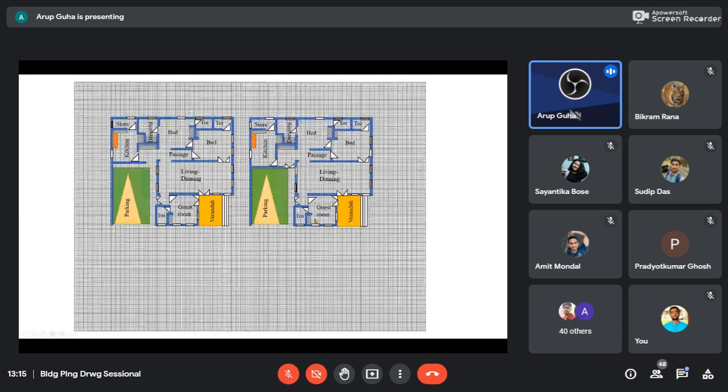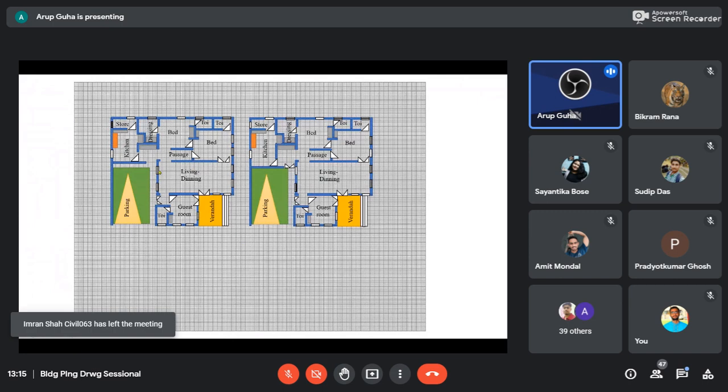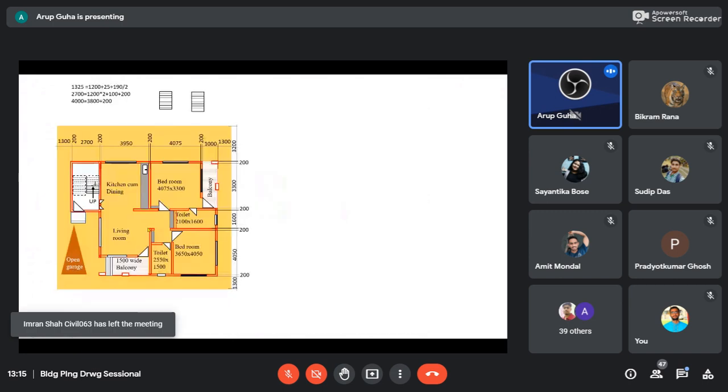Because 1.5 meters from the ground level, there it is not existent. That is there above that 1.5 meters from the ground level. So whatever we cannot see beyond 1.5 meters, that will be drawn in a dotted line.